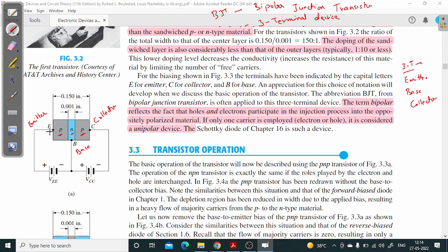This E terminal is coming out from the emitter region, is connected to this wire, and is connected to a battery like this. Similarly, the base terminal is connected to these 2 batteries like this, and the collector terminal is connected to this battery.